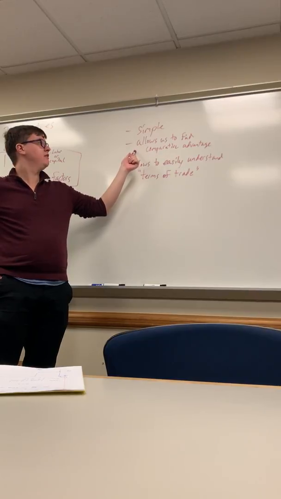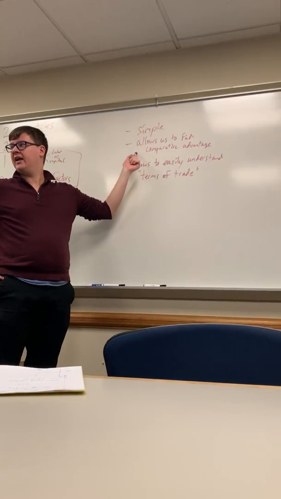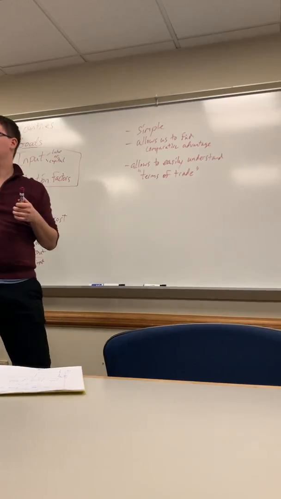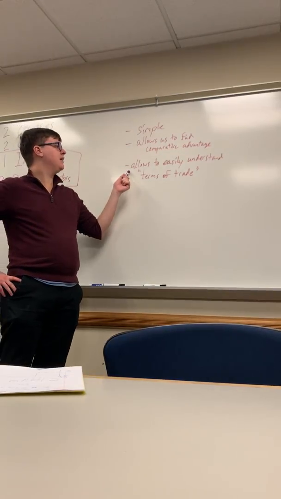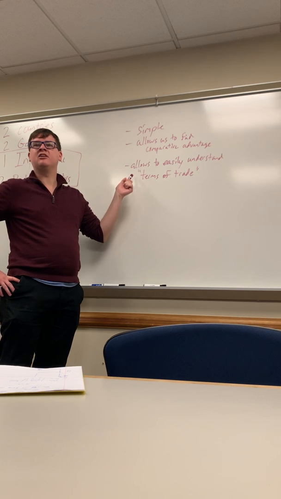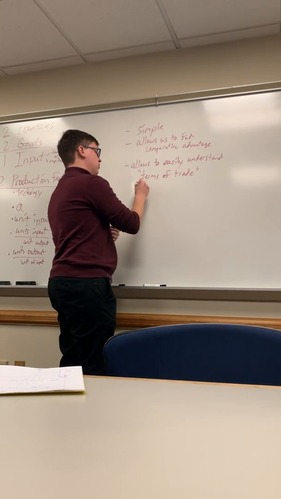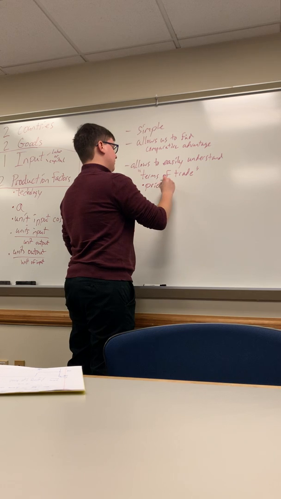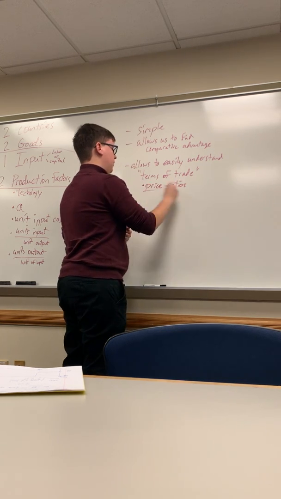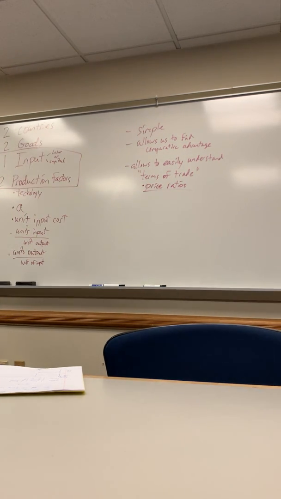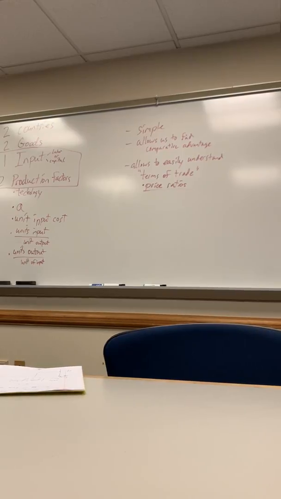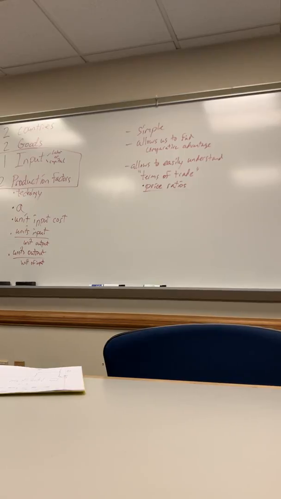This is the key first step to a well-solved Ricardian model question. And then ultimately, you're most likely going to be looking for what the terms of trade are, which in this case is generally defined by price ratios. This should seem a little bit familiar. So first you're going to find comparative advantage. Second, you're going to determine price ratios. That's basically the structure of a Ricardian model problem: those two things.